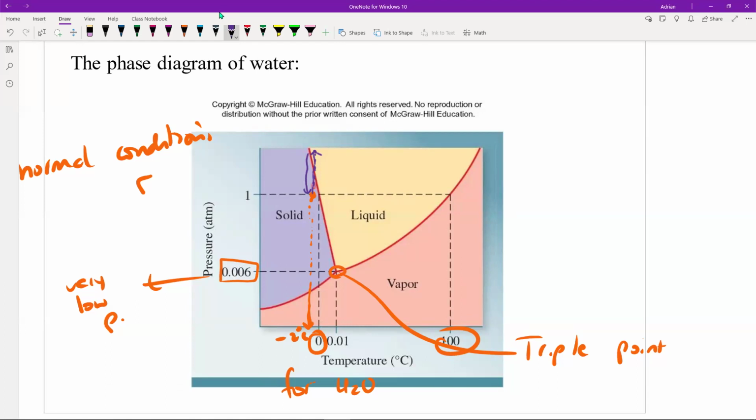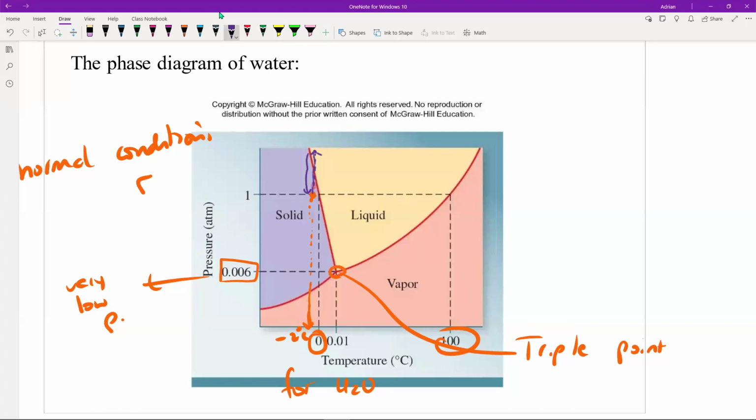So something as simple as using ice skates on a sheet of ice can be explained by this negative slope of H2O. The fact that it slopes backwards means that increasing the pressure at a constant temperature causes the solid here to melt into the liquid.